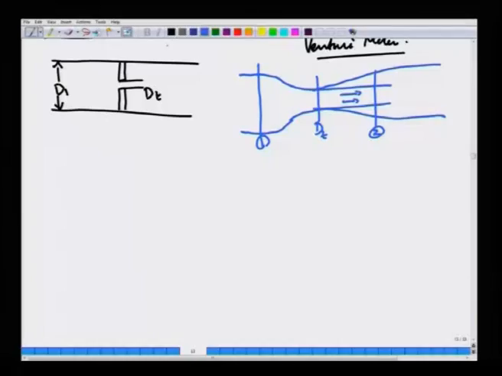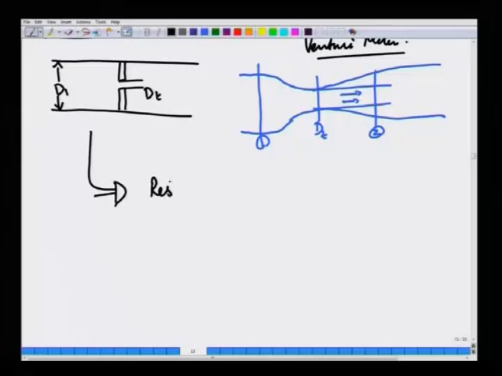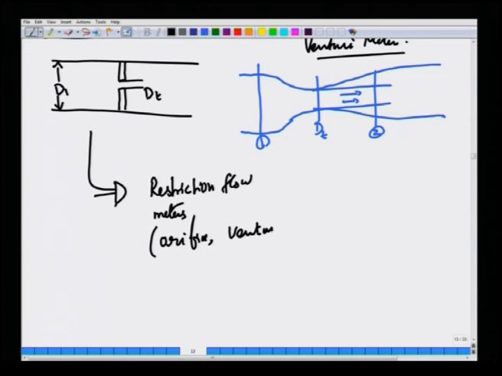Okay. Now, what is the major idea behind restriction flow meters? The restriction flow meters such as orifice and Venturi meters measure average velocity.